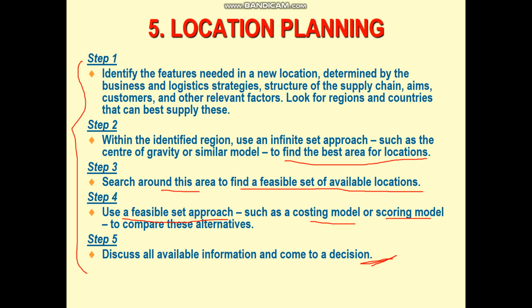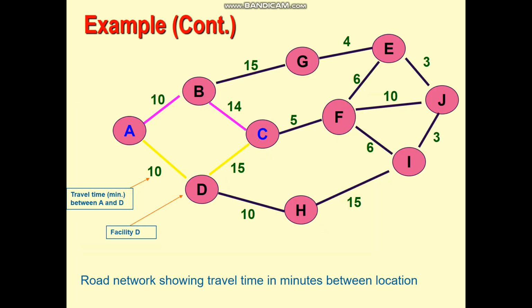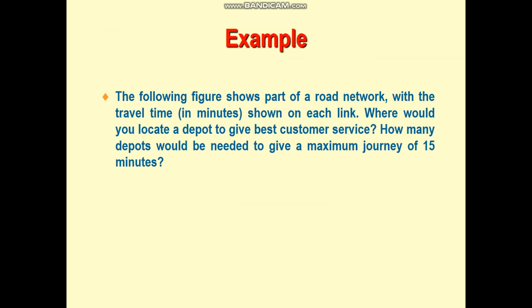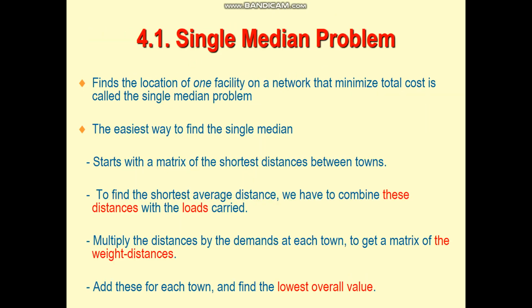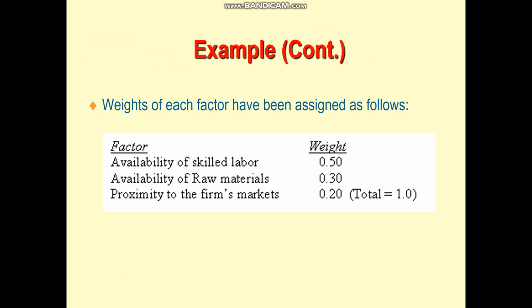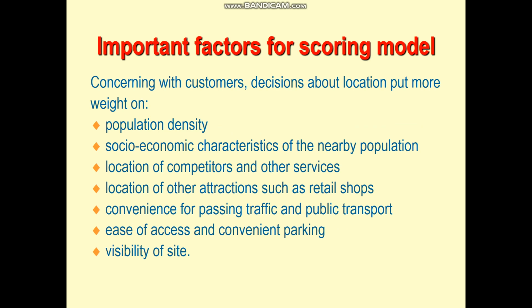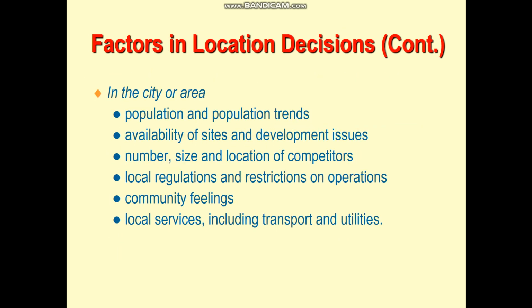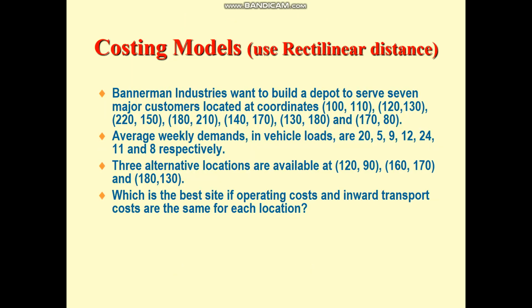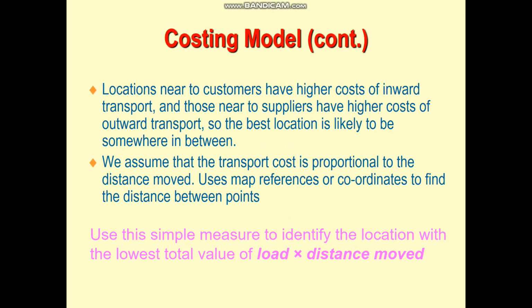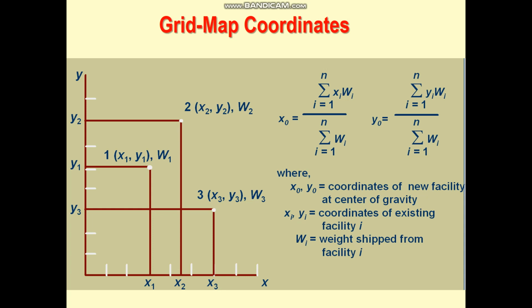So please help me distinguish the difference between the infinite set approach and the feasible set approach. In the feasible set approach, we use scoring models and costing models. What is the difference between them? Let me go back to the first slide.